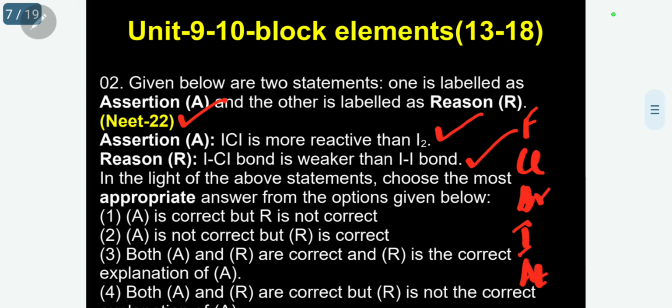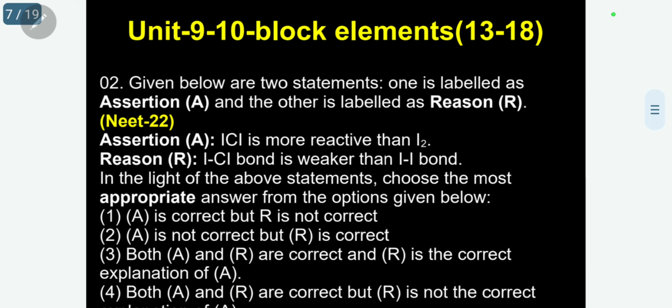I and Cl, they are internally combined. It is called interhalogen compounds. That means the halogens among themselves combine. More electropositive will be the central atom and less will be the other atom. So this type of compounds are called interhalogen compounds. Based on this, the question is asked.